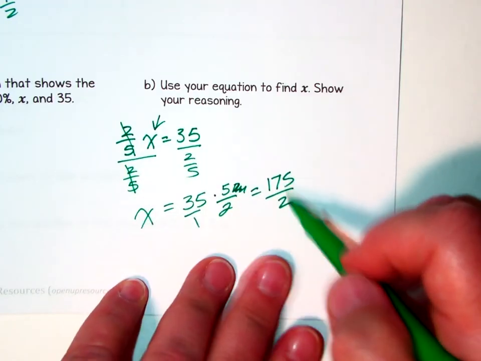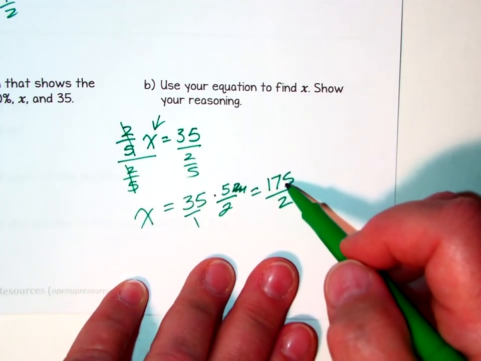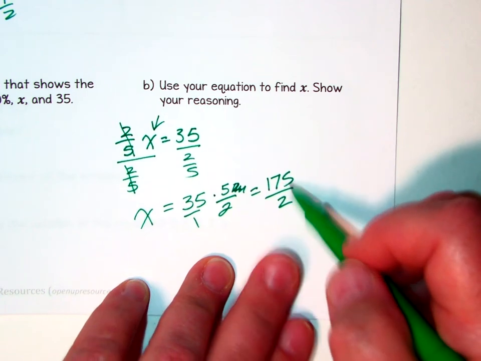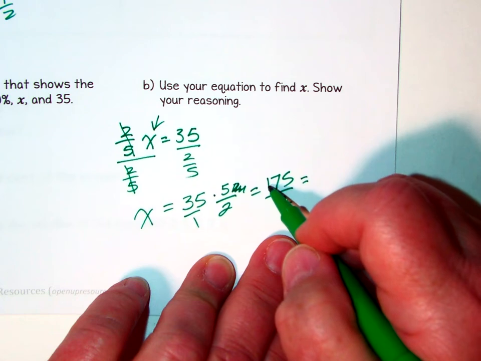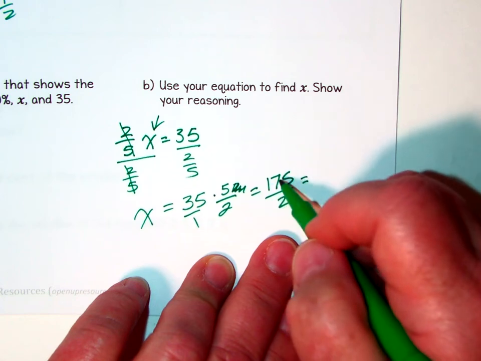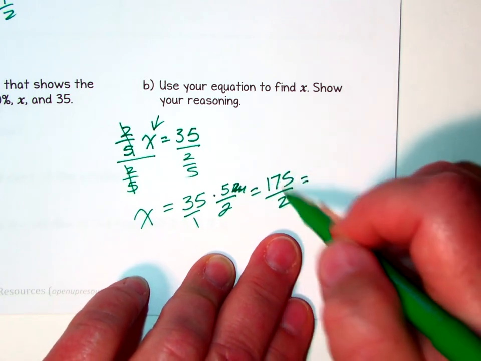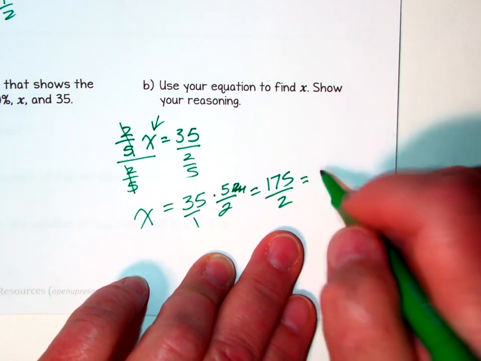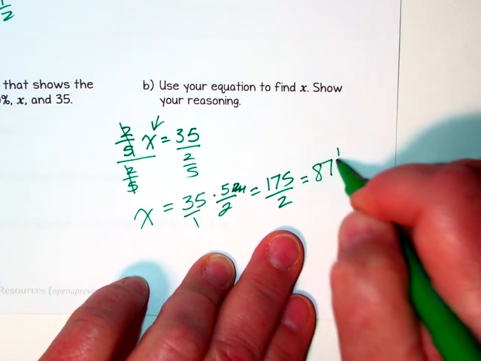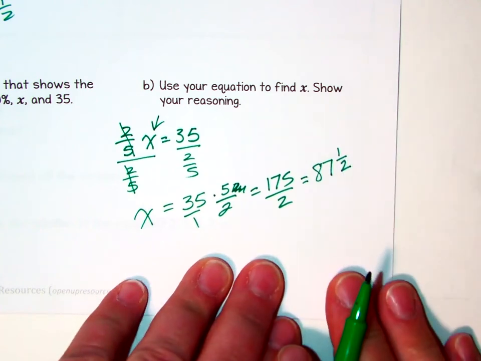And now I could leave it as an improper fraction, but I'm going to go ahead and change it to a mixed number. 2 goes into 15 seven times, 2 goes into 35 times, so that's 87, and there's a remainder of 1 left, so it's 87 1/2.